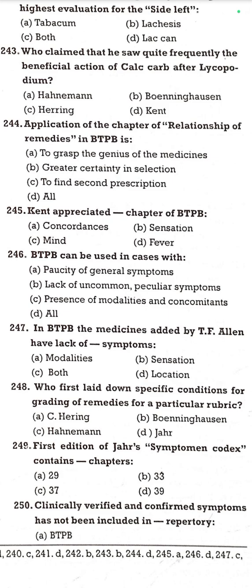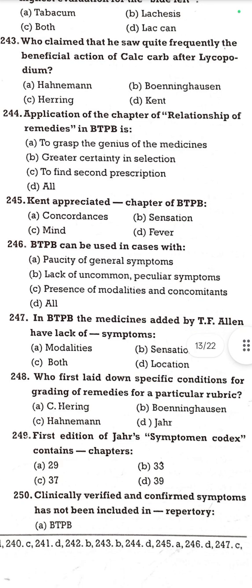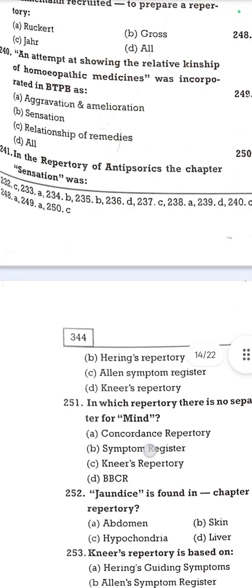First edition of Jahr's Symptomen Codex contains 29 chapters. And question 250. Clinically verified and confirmed symptoms has not been included in which repertory? So the answer is Allen symptom register.